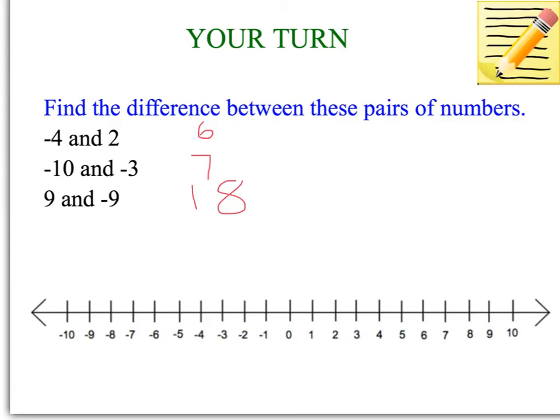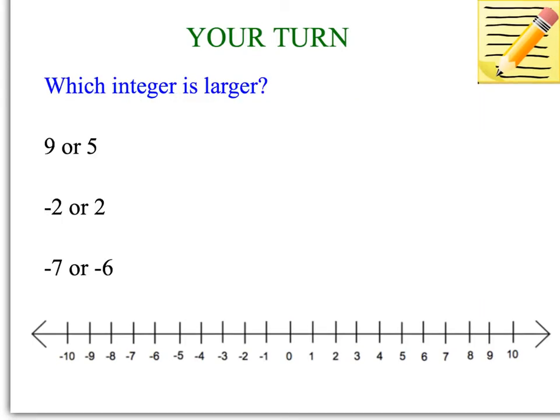Let's try something different. Now, when we're talking about the integers, you might be a bit confused about which one could be larger. But what I want you to remember is the further you go to the right, the larger the numbers get. Okay, so this way, further to the right, they get bigger, so they're larger. And then the further we go to the left, they get smaller.